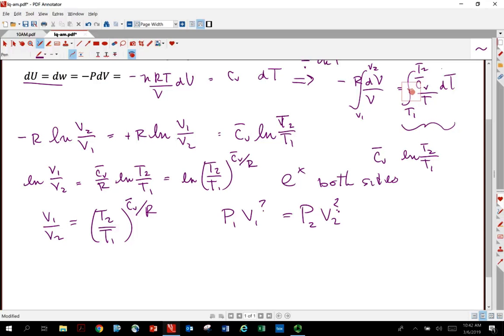We've just done this explicitly for a monoatomic ideal gas, so I've replaced 3/2 R with C_V. I think I'm going to start a 3-minute timer.